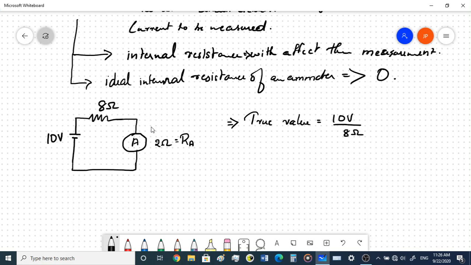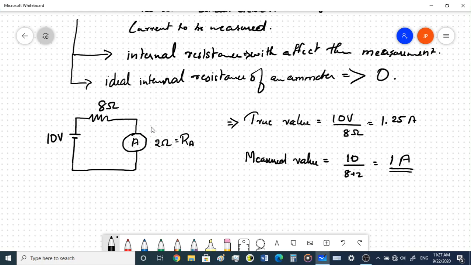Now the moment you introduce an ammeter into the circuit with an internal resistance of 2 ohms, the measured value turns out to be 10 divided by 8 plus 2, which is 10 by 10, that is 1 ampere.